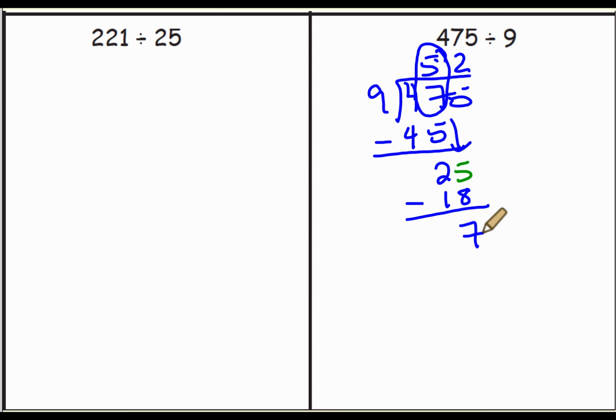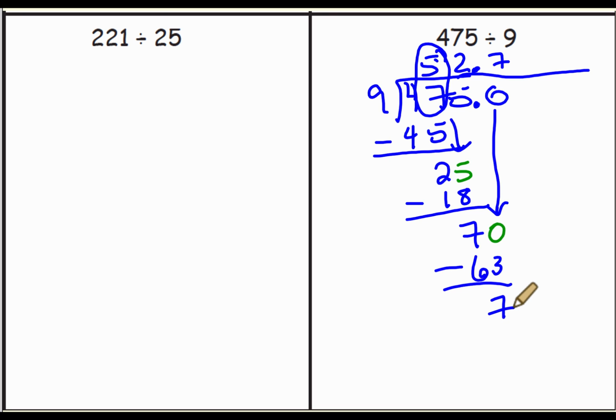So we're going to put a decimal point after each of our numbers, and we're going to bring down a 0. 9 times what makes close to 70 without going over? That would be 7. 7 times 9 is 63, which gives me 7 again.